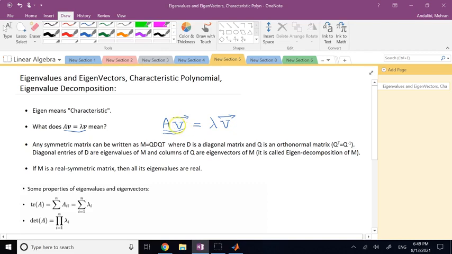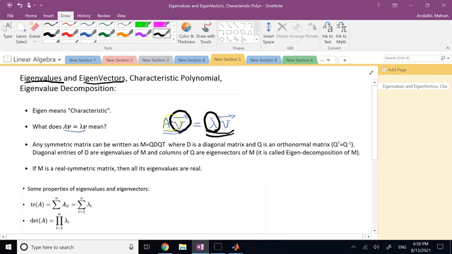Now here, I'm interested in those vectors such that when I multiply A by them, all I am doing is resizing them and not reorienting them. If there are such vectors, those vectors are going to be called eigenvectors, and the scaling factor lambda is going to be called the eigenvalue.